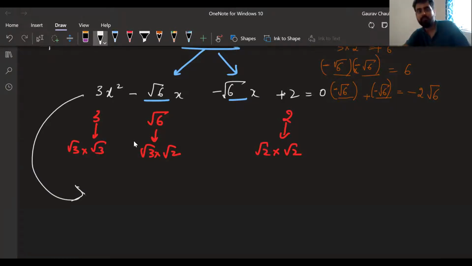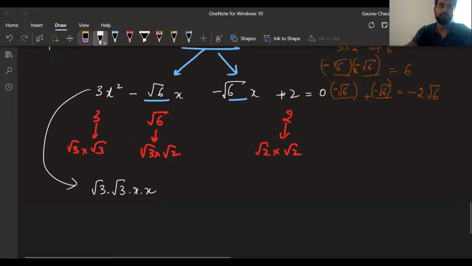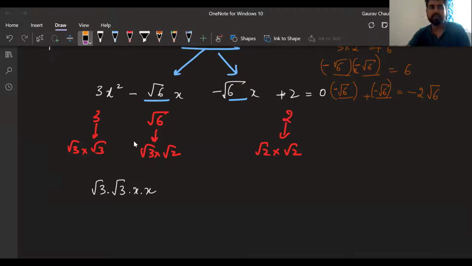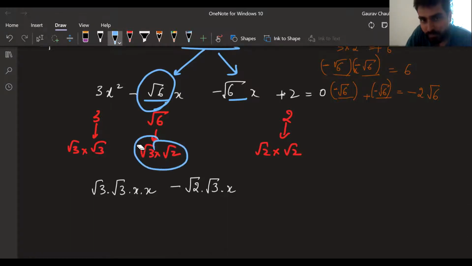My first term becomes root 3 into root 3 into x into x. I'm doing the full factorization. Next term becomes minus root 2 into root 3 into x. Basically root 6 has become root 3 into root 2, and x is as it is.